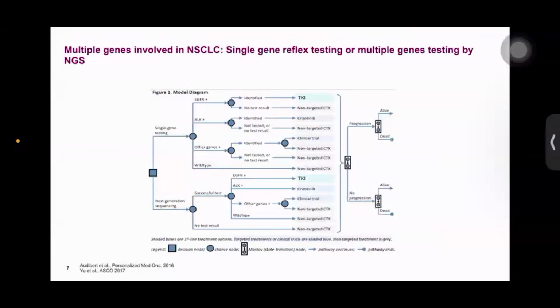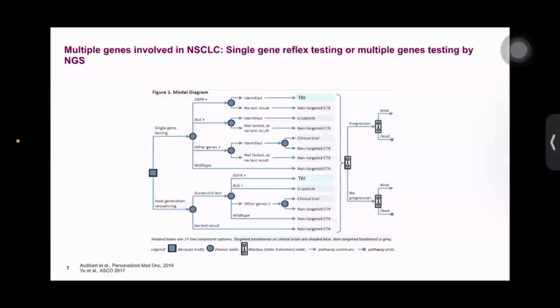We can either do single gene testing, reflex testing, or we can do multiple genes at a time. But mostly all the clinicians prefer multiple gene testing because of tissue scarcity. We generally have a very small tissue from the biopsies of lung tumors, and this tissue cannot be used for reflex testing by each methodology.